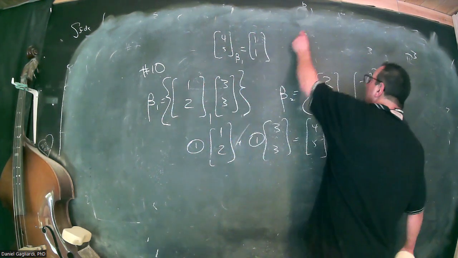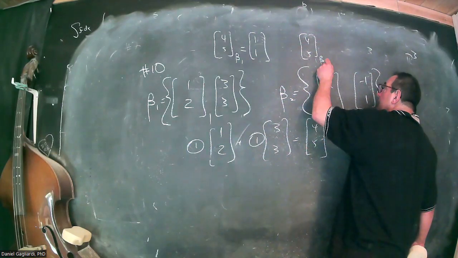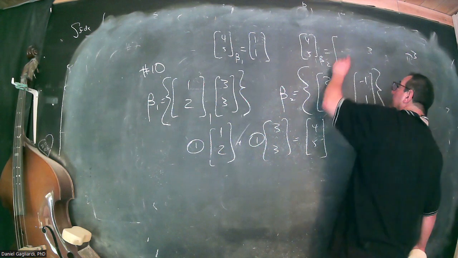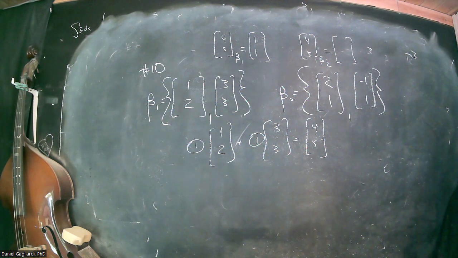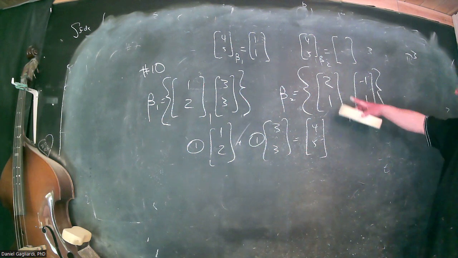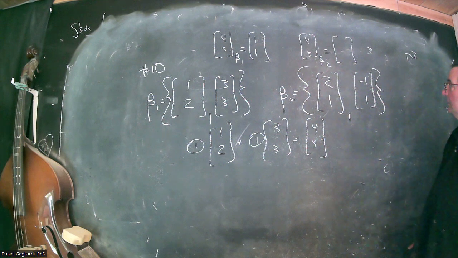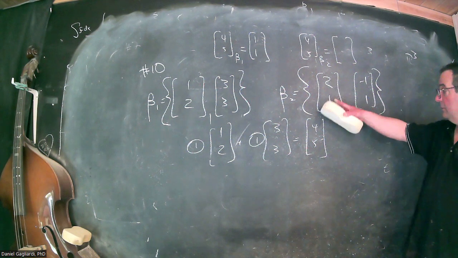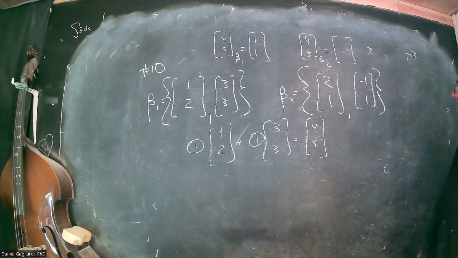Okay, let's see what the target vector (4, 5) is relative to beta 2. Can we see that easily also? Let's see. If we have 2 of these and 1 of those, we'll get to 4, and 2 of these and 1 of those, no, we don't get to 5, do we?